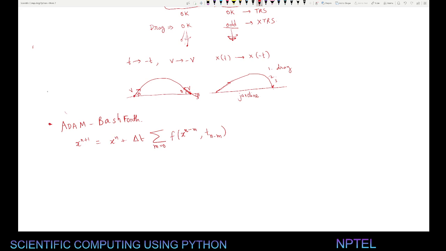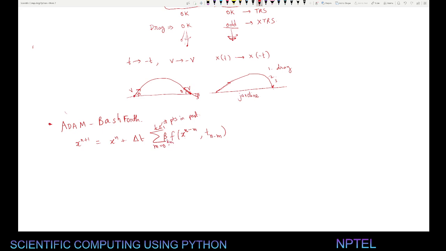Zero means you start at x_n, and it can go up to k points in the past. Rather k minus 1, because we are starting from 0. And there are coefficients, very important, b_(k,m).